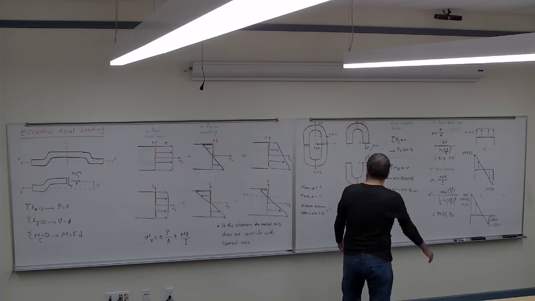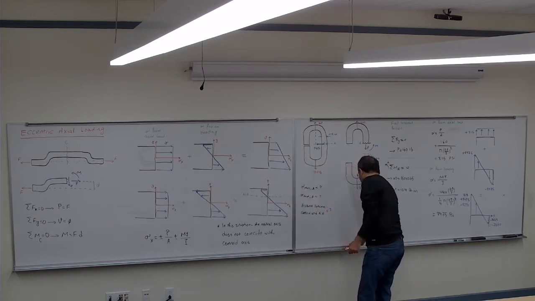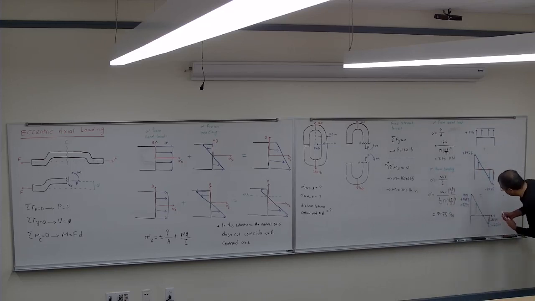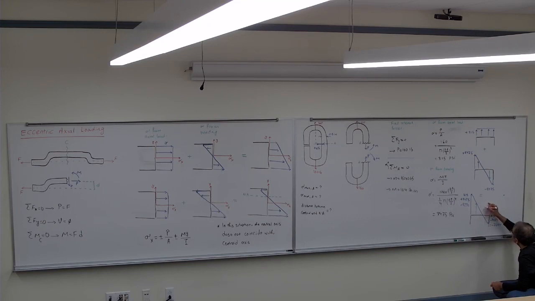So now the second part says the distance between the centroid and neutral axis. So I know that the neutral axis is going to be here, correct? That's the neutral axis. And the centroid is right at the center.